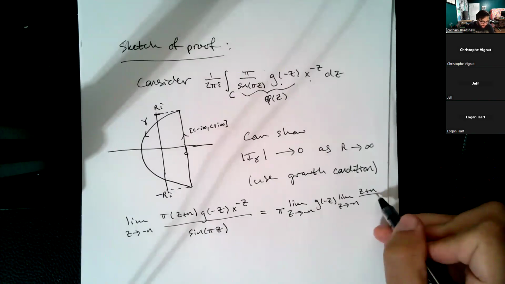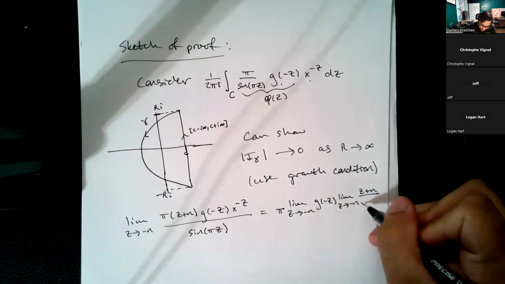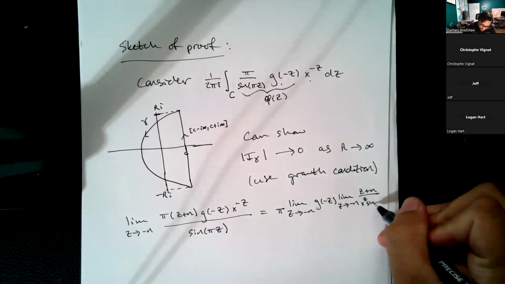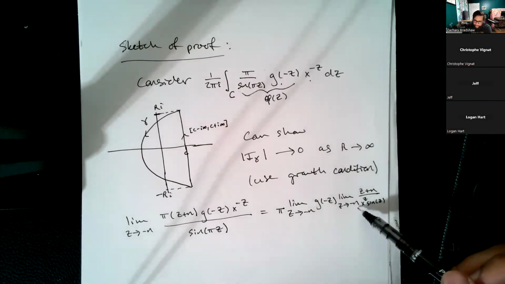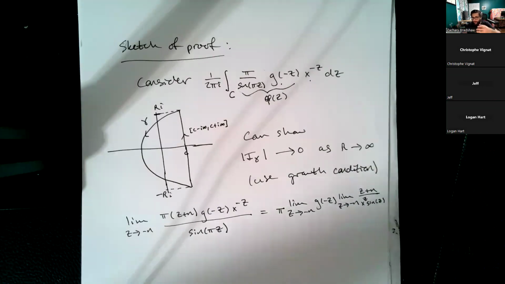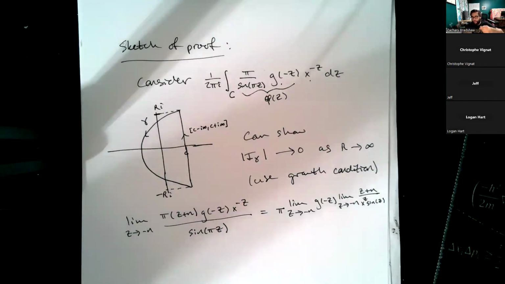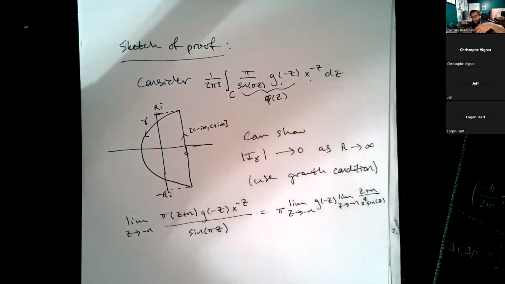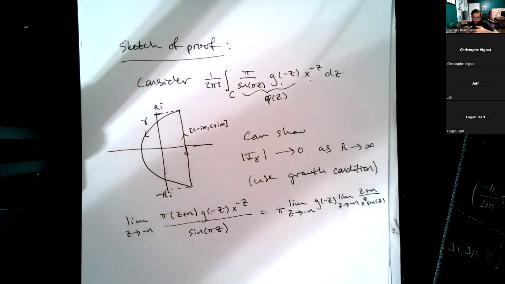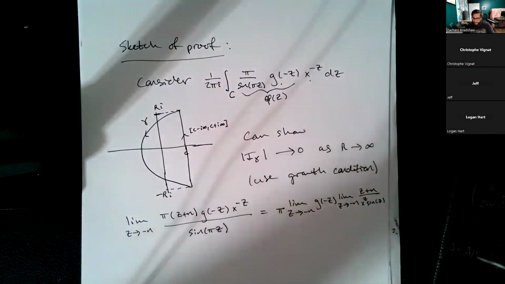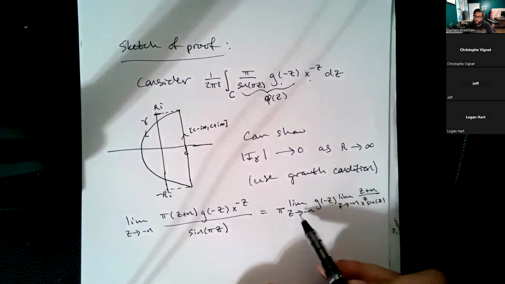So whenever you have a product of two functions, one of which is analytic, the other one is the problematic one, which is not, if the poles are simple, then when you take the residue and you take this limit, you can just pull the analytic function outside.